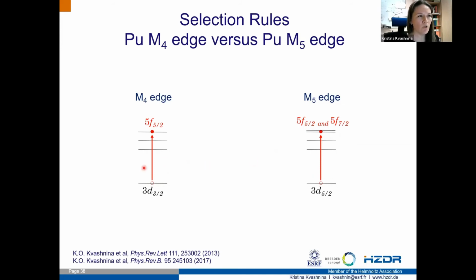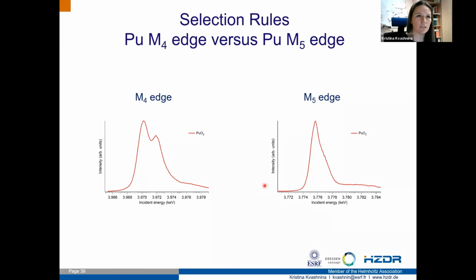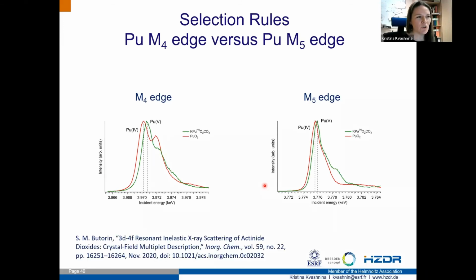So in principle, both transitions are not identical, they're different. And you also see it in the experimental data. This is the same sample recorded at the same time, at the same beamline, just at different absorption edges and using different emission lines, M beta and M alpha. And that's how different it is. Then if you start to look at the different components, you see that the shifts we are looking at, plutonium-4 and plutonium-5, also became different.